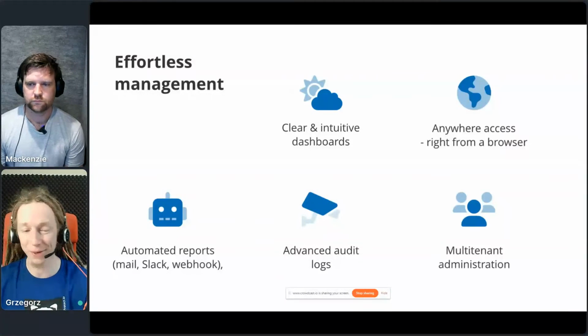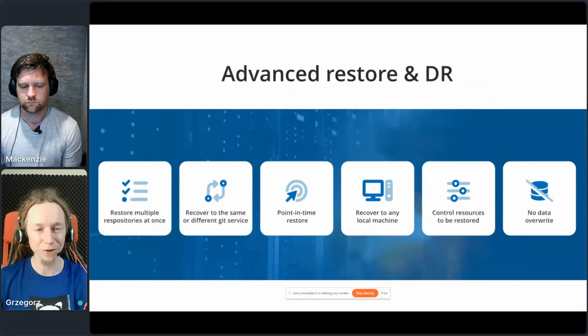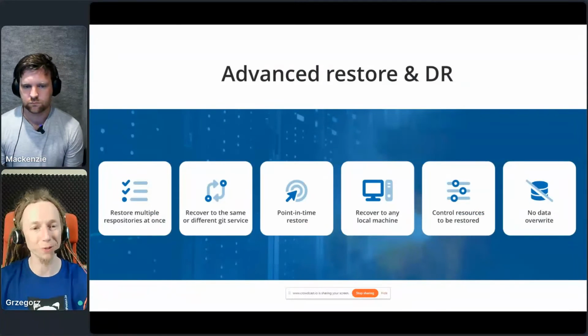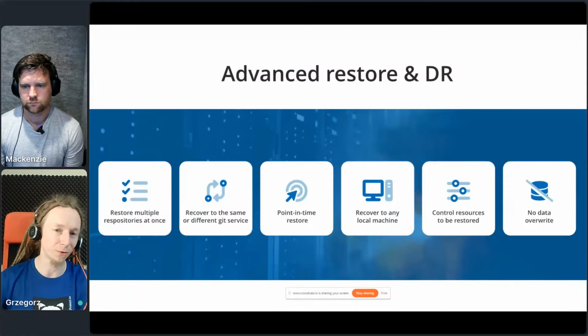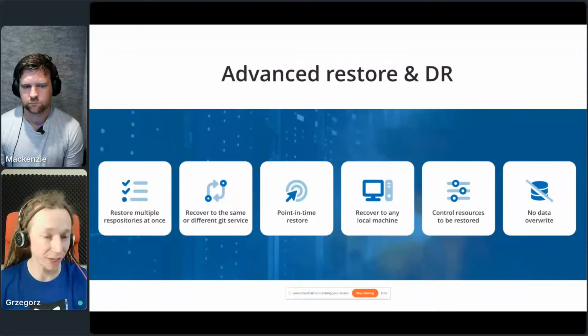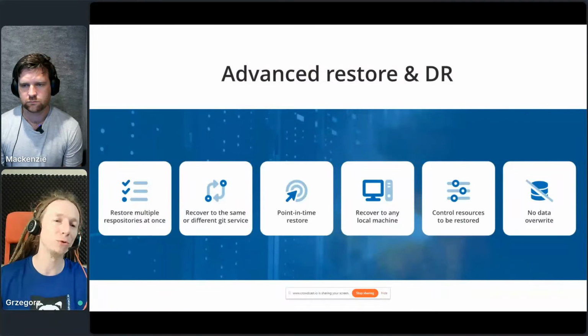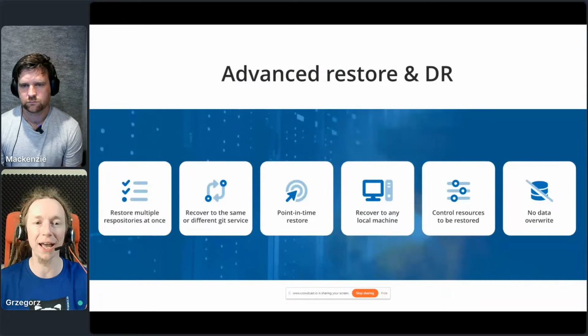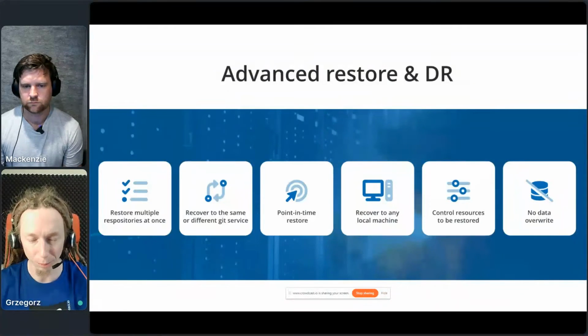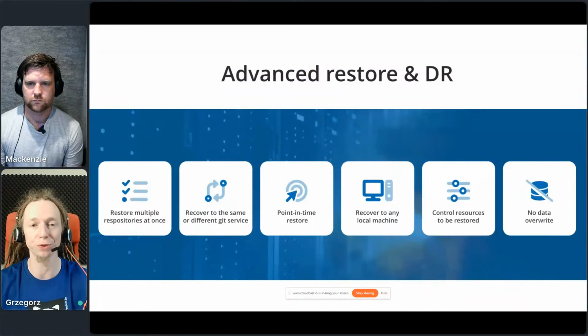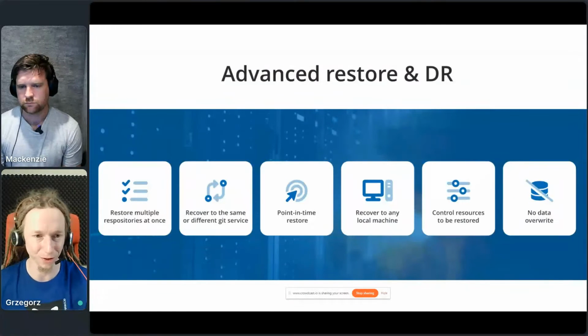And of course, if we are talking about backup, we must also talk about restore and disaster recovery. What to do in case of a ransomware attack, how to restore the data, and what possibilities, what opportunities you should have to be able to restore the data.